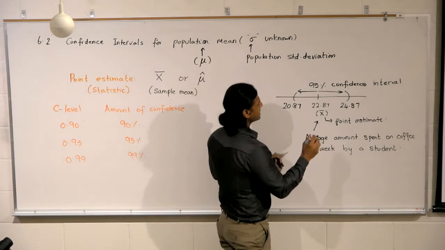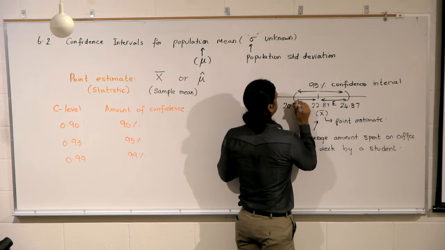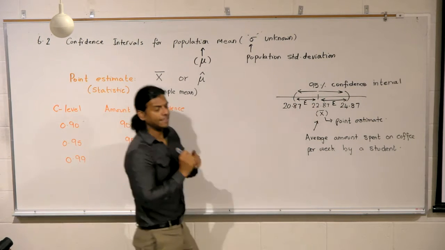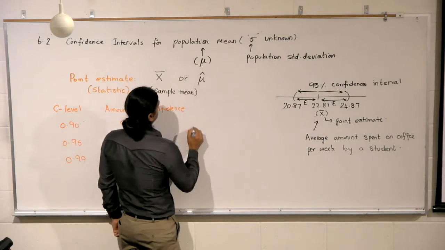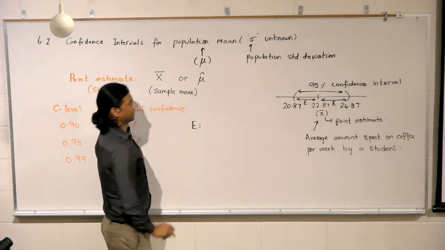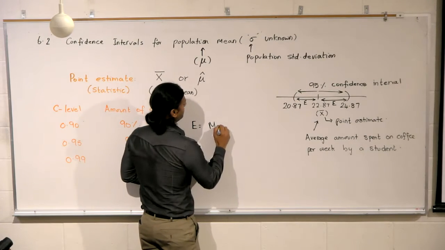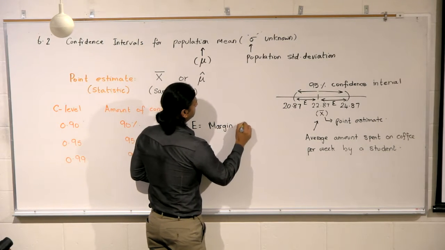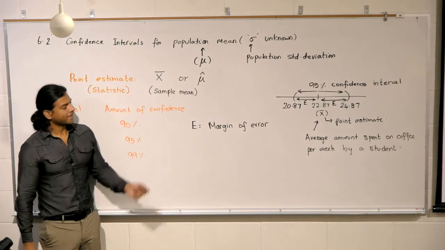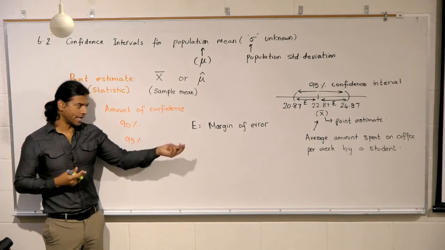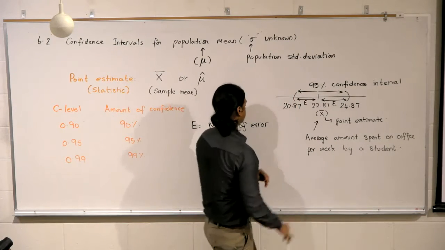So we find something called E, uppercase E. Uppercase E is simply the margin of error. So we're going to add and subtract the margin of error from the point estimate to get that interval.